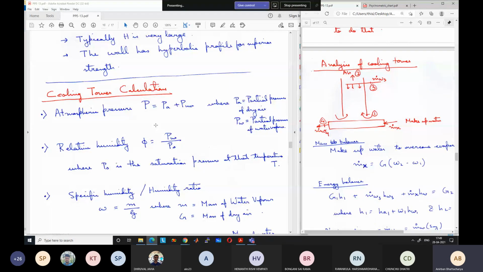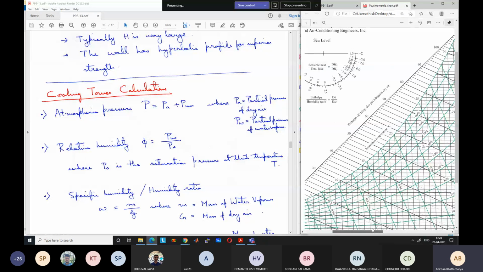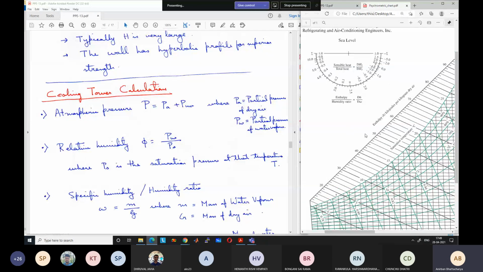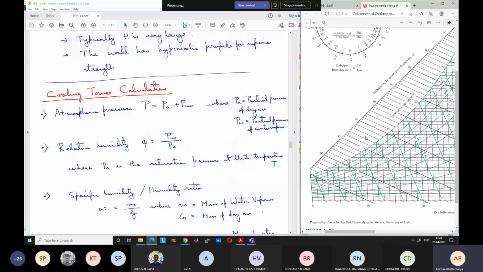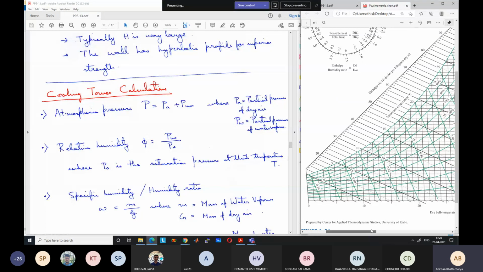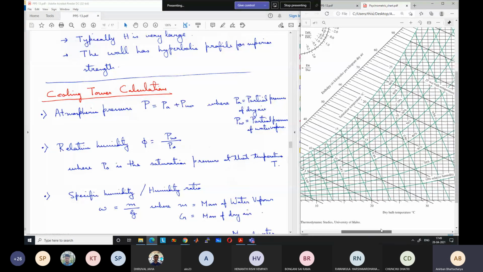Is that course finished? Refrigeration and air conditioning? Almost, sir. Yes. It's finished, right? So you must have studied psychrometric charts in some detail, because for air conditioning you need psychrometric charts, like what is wet bulb temperature, what is dry bulb temperature, then how to relate it to relative humidity, humidity ratio, specific humidity.